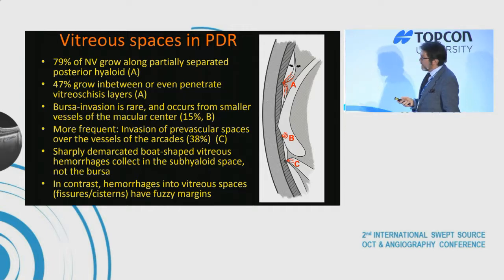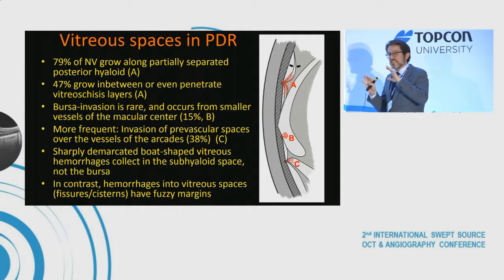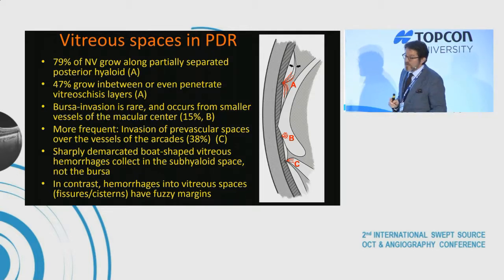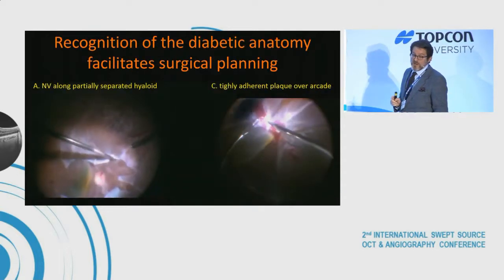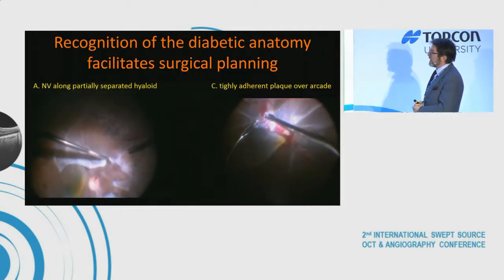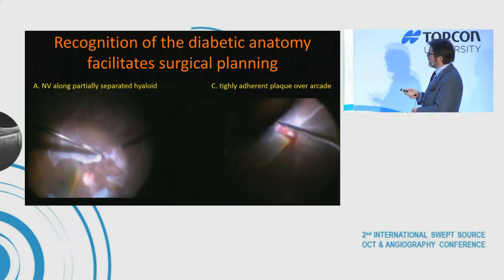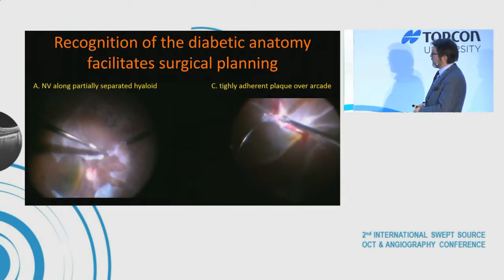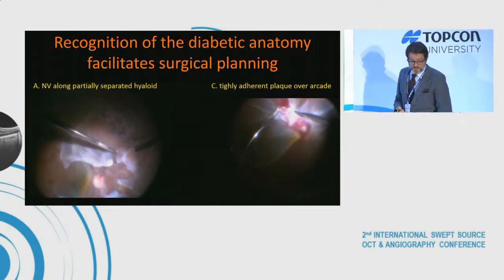When these blood vessels grow into those fissures and cisterns in young eyes, what they effectively do is anchor down the cortical vitreous, and those are the very tough cases where you are not able to just do a nice cutter segmentation and be done with it, but where you have to get out your chandelier and work bimanually with scissors and forceps.